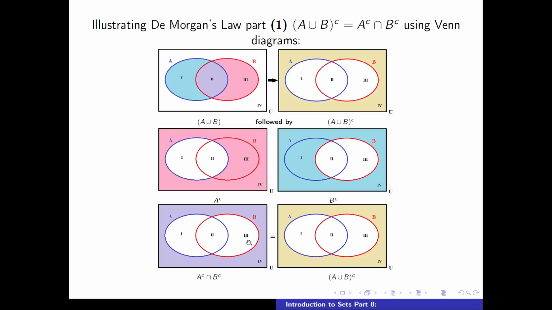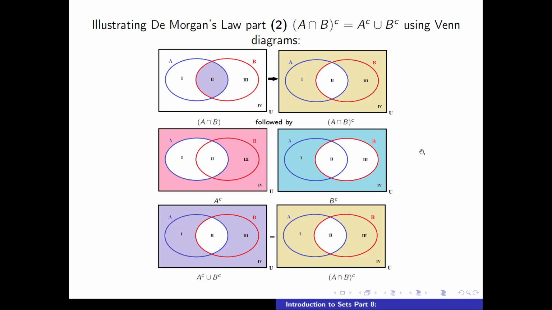We see illustrated here in purple the right-hand side of that equation, the complement of A intersect the complement of B. And we have the same exact area shaded as we did when we constructed the left-hand side. Again, the power of Venn diagrams to help us visualize De Morgan's law is very, very useful.